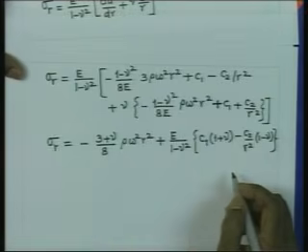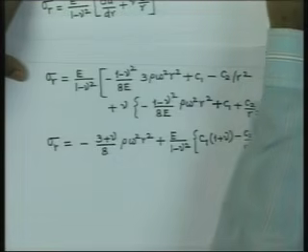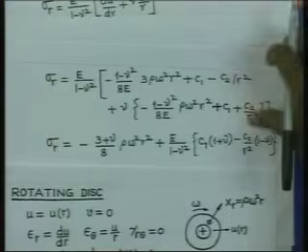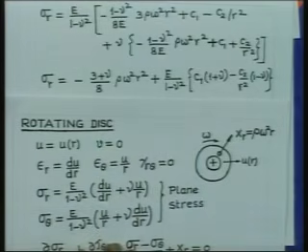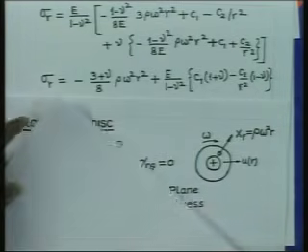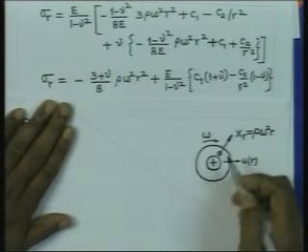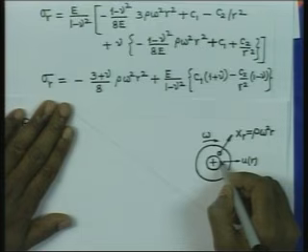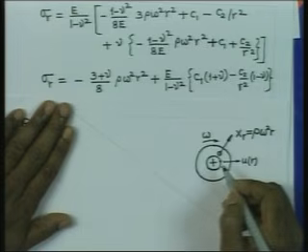Let us look into the problem that we have, the disk which is rotating at angular velocity. So, this is the disk which is rotating, and when this disk is rotating, what do you expect to be the radial stress at the inner surface, so also at the outer surface?